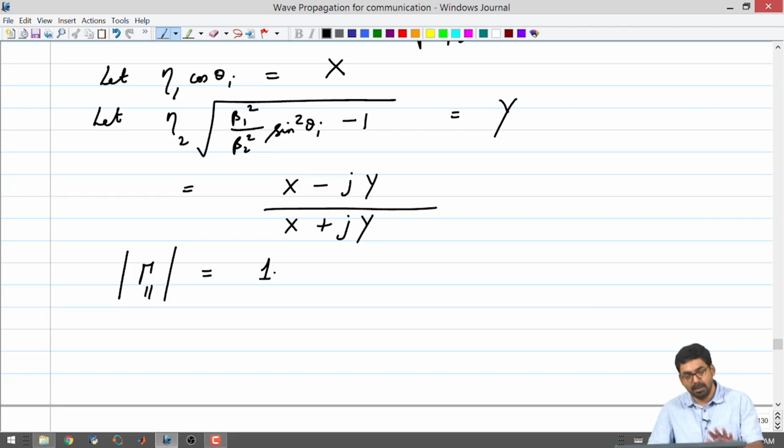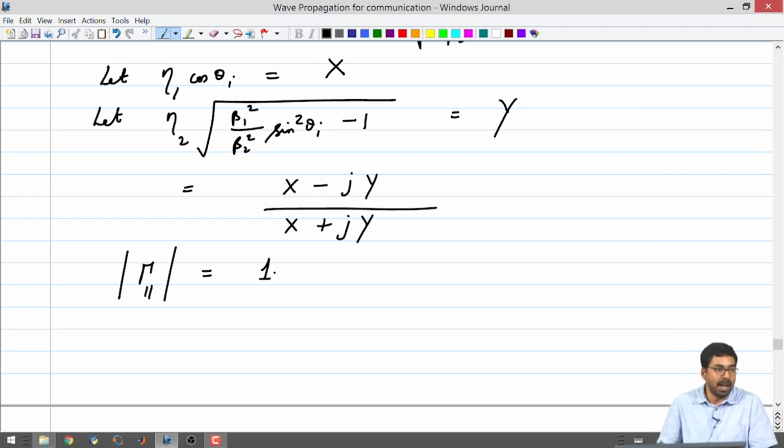Notice that I have written clearly that the magnitude of gamma parallel is equal to 1; I am not saying anything about its phase, but all I know is that whatever I am sending in is going to be reflected from the interface. So, this is true for all angles where cos theta t is imaginary, which means for all angles where theta i is greater than theta c, the magnitude of your reflection coefficient is going to remain 1.